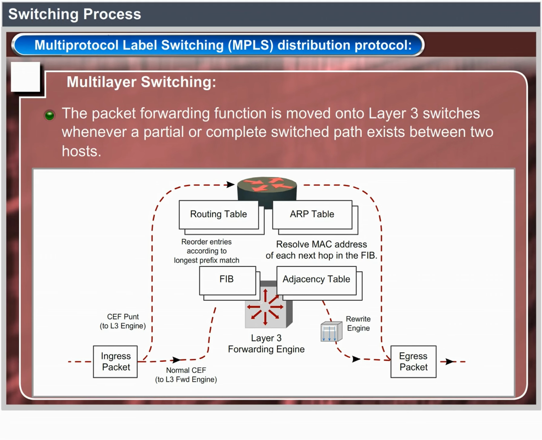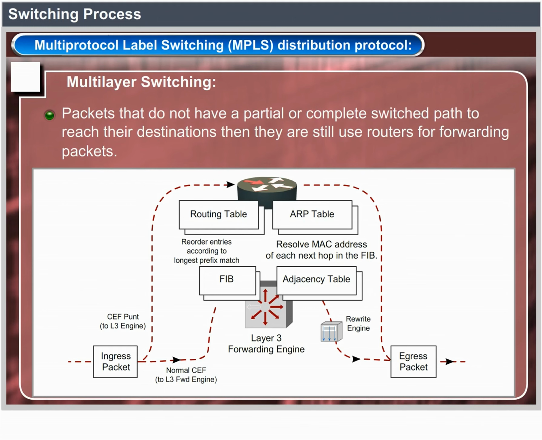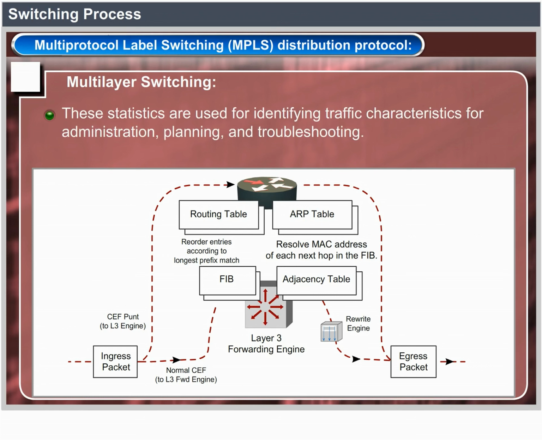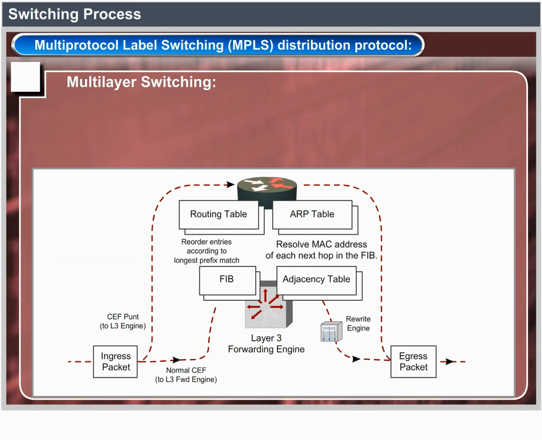Packets that do not have a partial or complete switched path to reach their destinations still use routers for forwarding packets. MLS also provides traffic statistics as part of its switching function. These statistics are used for identifying traffic characteristics for administration, planning, and troubleshooting. MLS uses NetFlow Data Export or NDE to export the flow statistics.